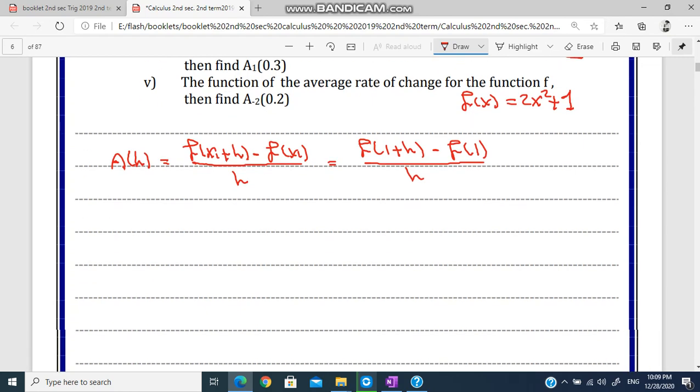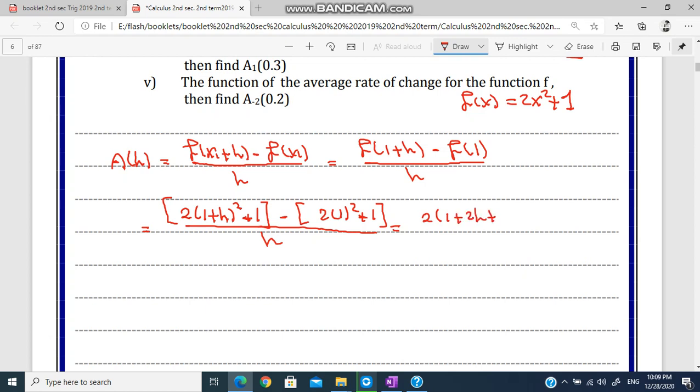By substitution about the function by 1 plus h and 1, so 2 multiply 1 plus h power 2 plus 1 minus 2 multiply 1 power 2 plus 1 all over h. So it will be 2 times 1 plus 2h plus h power 2 plus 1 minus 1 all over h.